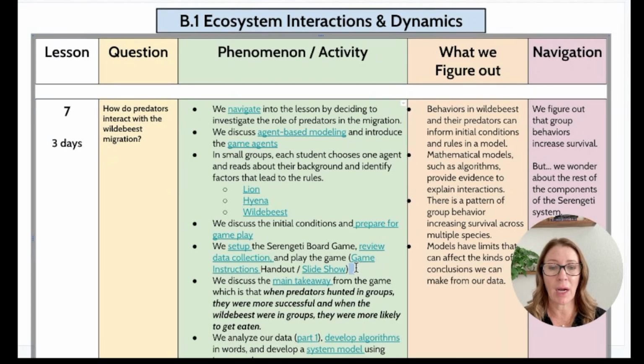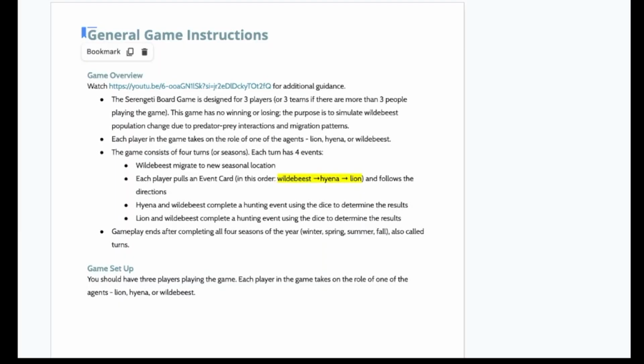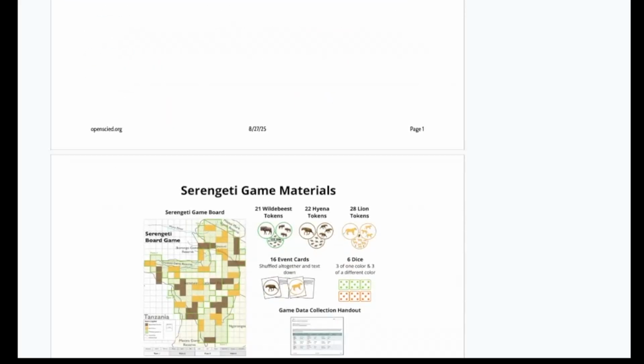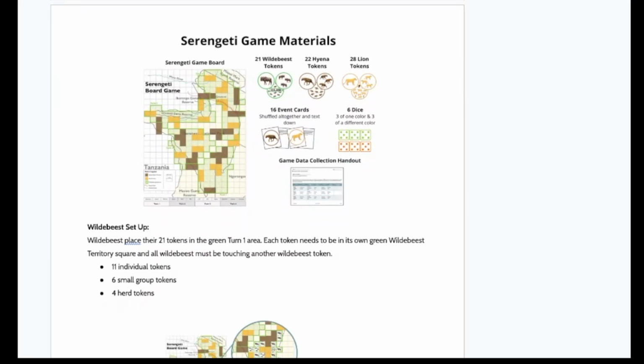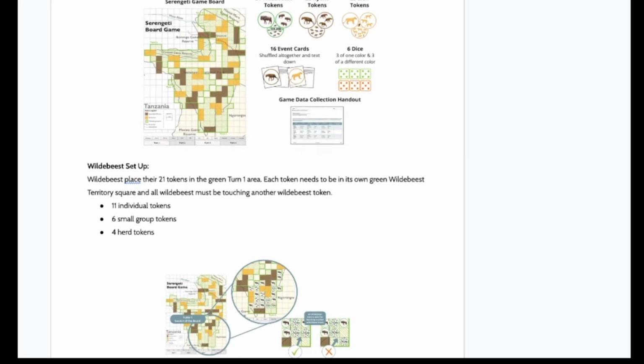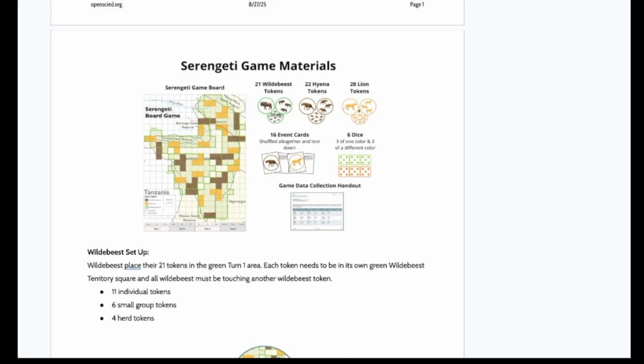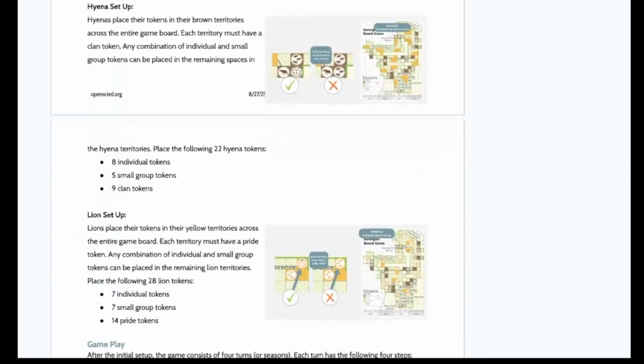Here are the game instructions. I suggest you have one of these printed out at each station so that somebody can look at the game rules and make sure they're playing it correctly. They cover the wildebeest setup, the hyena setup, the lion setup, and how to play the game.